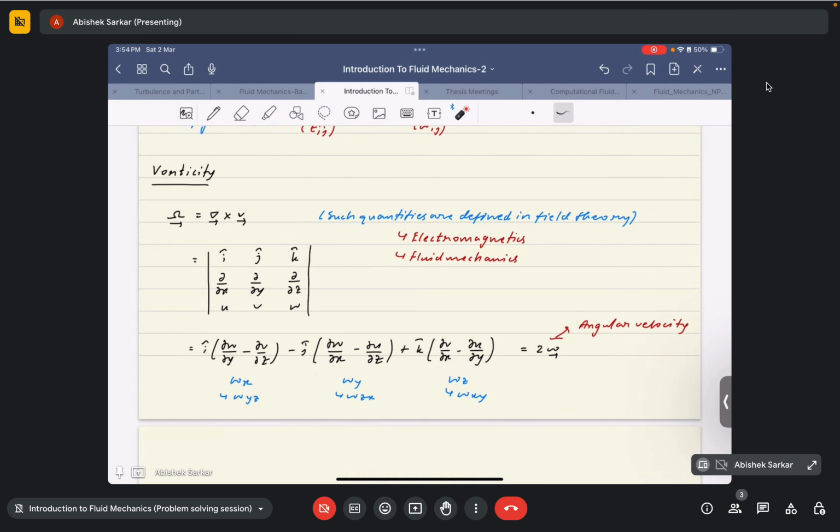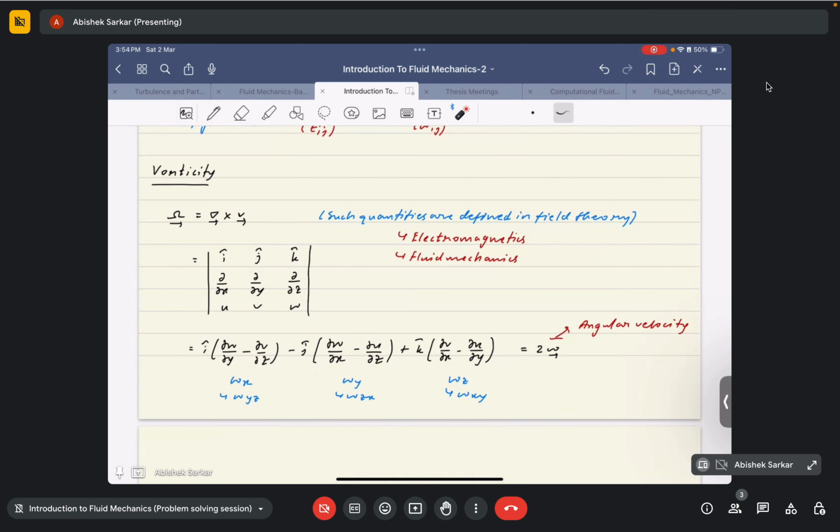So omega x is given by dou w by dou y minus dou v by dou z. Then omega y is given by dou u by dou z minus dou w by dou x, and omega z is given by dou v by dou x minus dou u by dou y.